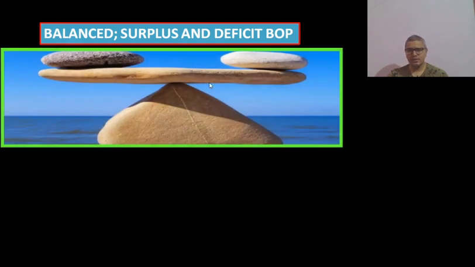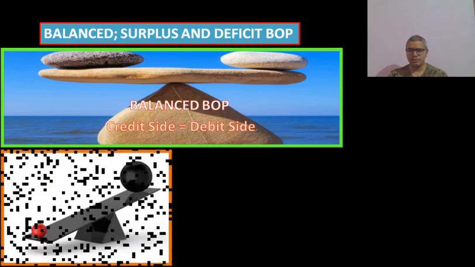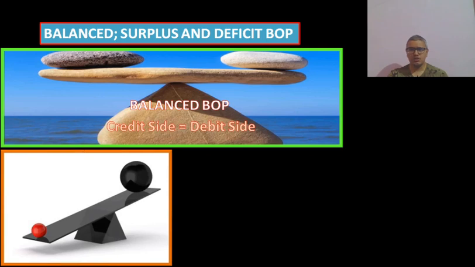It has the same meaning as balance of payment equilibrium, so the balanced balance of payment is given by credit side equals debit side of the balance of payment. Now further, balance of payment disequilibrium can take place in two ways. The first way is that of surplus balance of payment.